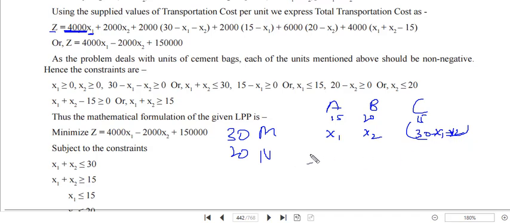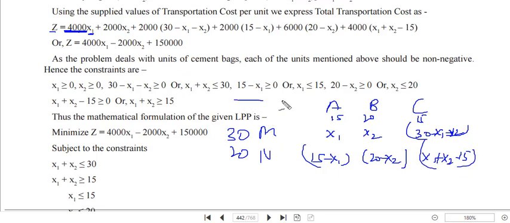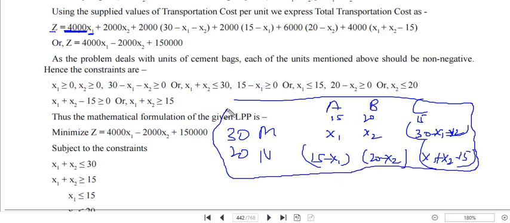And again from center N, 15 minus x1 and 20 minus x2, and finally we have calculated x1 plus x2 minus 15, right?